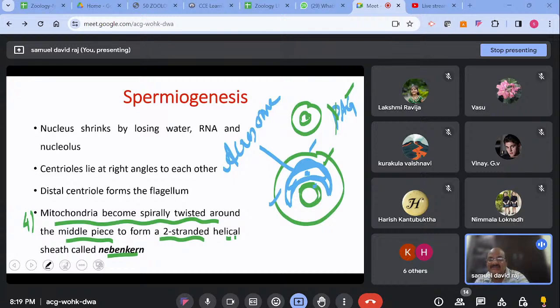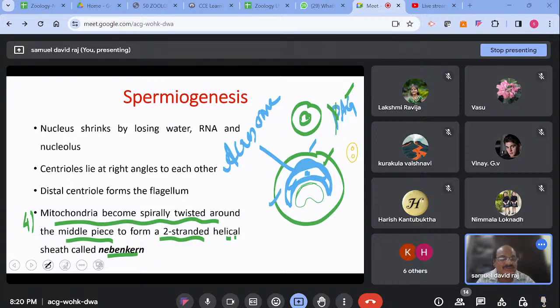As these events are happening, the nucleus gradually shrinks in size by losing water and it develops an indentation towards the other end, away from the acrosome. And we know that there are two centrioles which are now at right angles to each other.